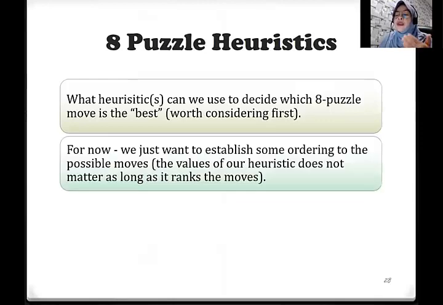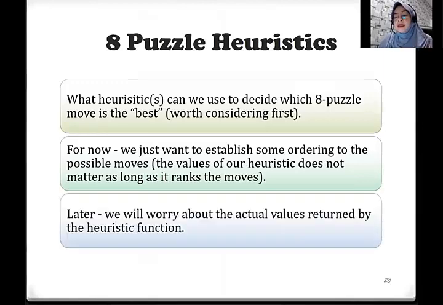For now, we just want to establish some ordering to the possible moves. The value of the heuristic does not matter as long as it ranks the moves. Later, we will worry about the actual value returned by the heuristic function.